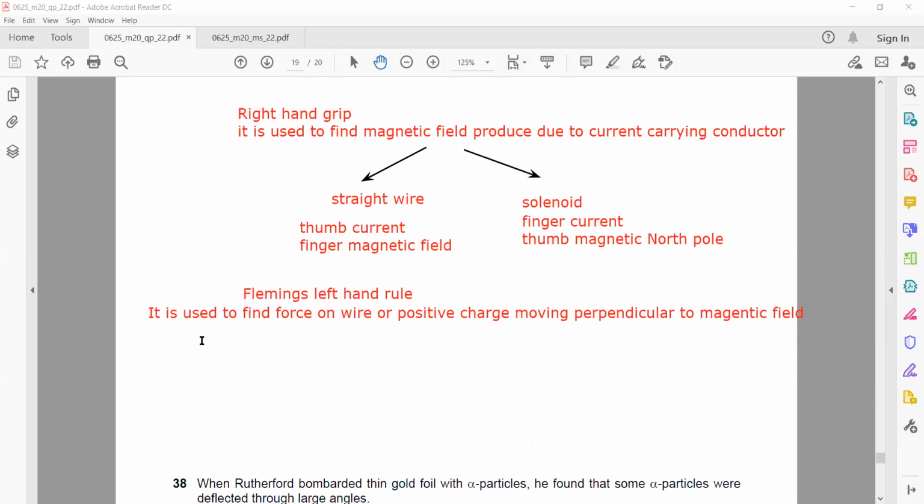So it is used to find the force on a wire or positive charge moving perpendicular to the magnetic field.